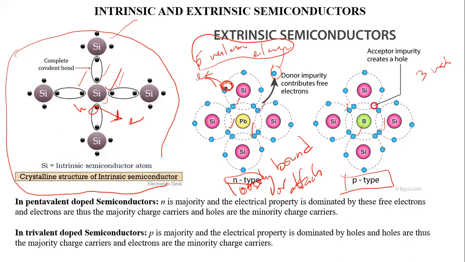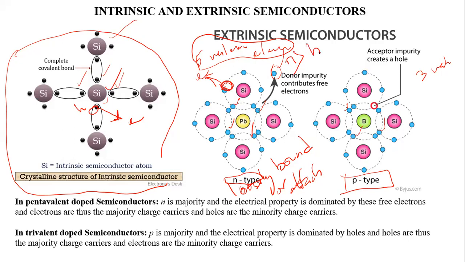But in the N-type semiconductor, because of the large amount of pentavalent atoms inserted in the silicon crystal, the quantity of free electrons is much, much greater than the quantity of holes. So the number density n represents the number density of free electrons.